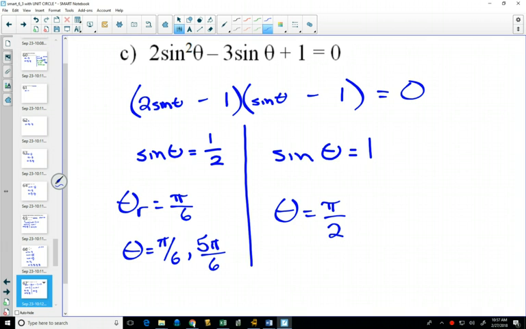But if you've used grouping techniques or other techniques, you can do those. Just be careful with your notation. Yes? You can switch your sines to x's off to the side, but if you do that on an exam and you don't say let x equal sine theta or something like that, they'll take off a half a mark for introducing a variable without defining it.